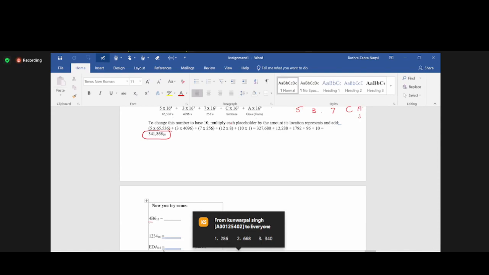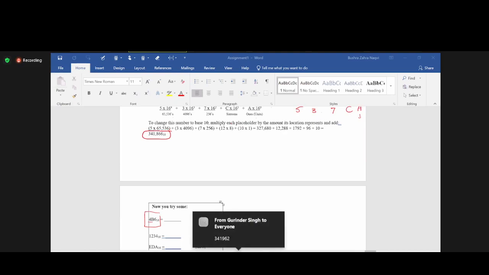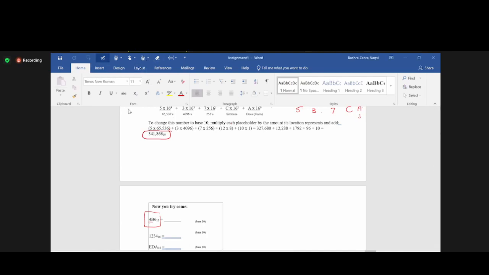4B6. How are you going to work it out? The method is the same. Okay, so let me put it here. All right. Try to convert using just the same method I mentioned.